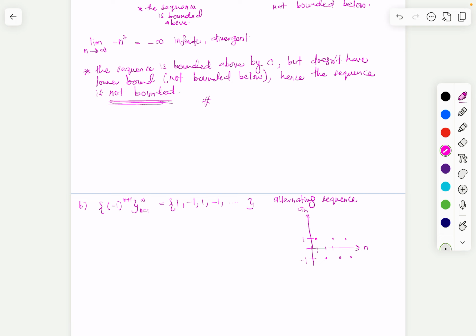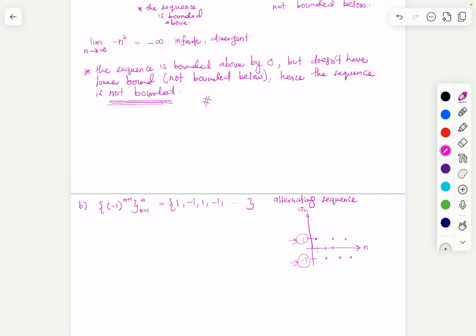From here you can clearly see it is bounded by 1 and -1. It just goes in between 1 and -1 and doesn't go to any other value. So directly we can say that this sequence is bounded above by 1 because 1 is greater than -1, and it is bounded below by -1. By just illustrating this, you can logically find the answer whether it is bounded or not.